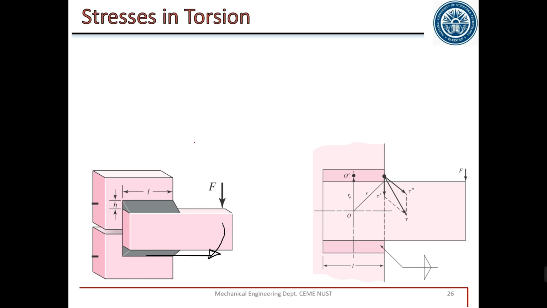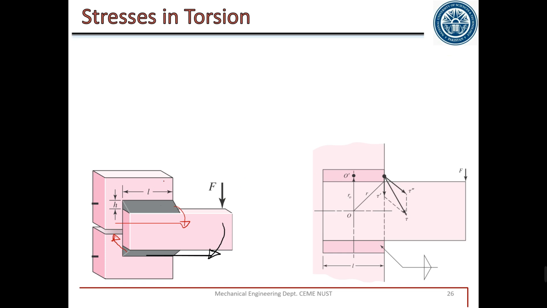and due to this rotation, this part is trying to rotate this joint along the plane, in the same plane as the joint is available. So the joint will try to rotate in this direction. This is an example of torsion.